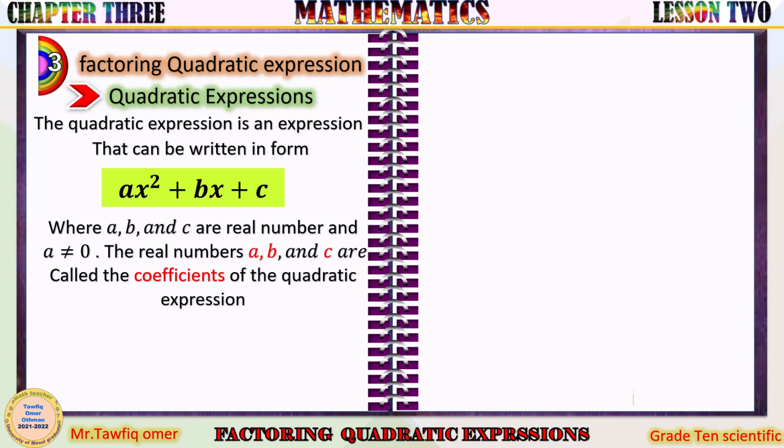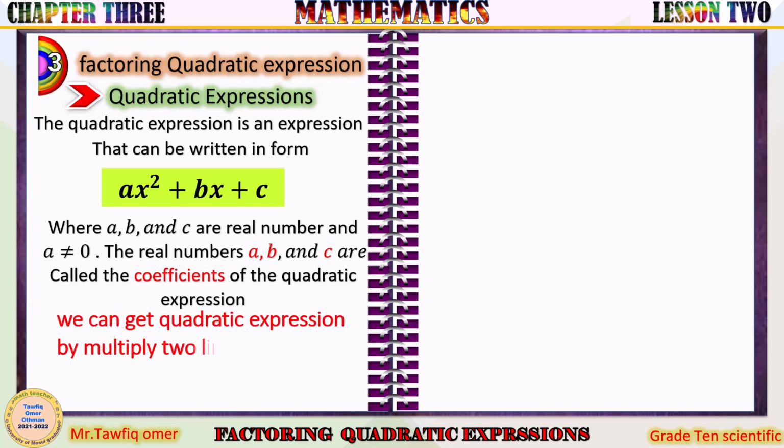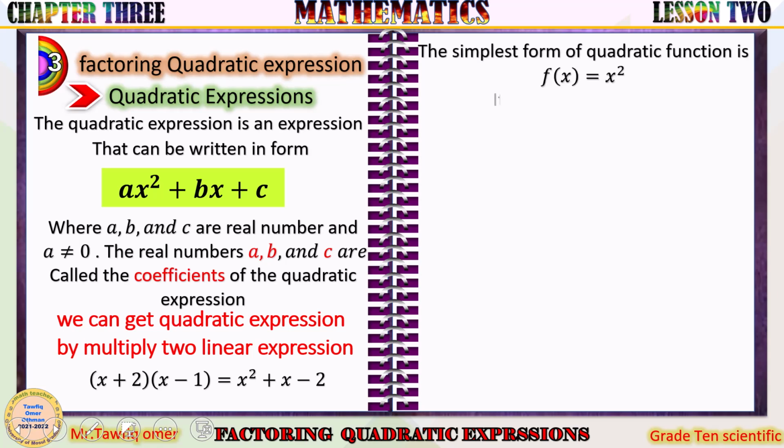The real numbers a, b, and c are called the coefficients of the quadratic expression. We can get a quadratic expression by multiplying two linear expressions. The simplest form of the quadratic function is f of x is equal to x squared. It is the parent function.